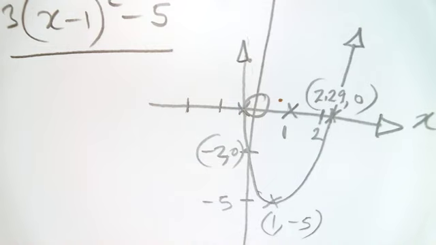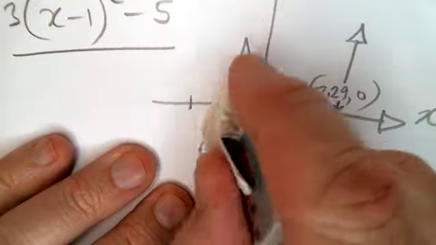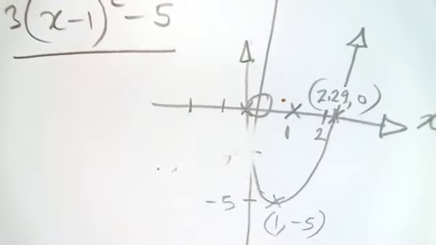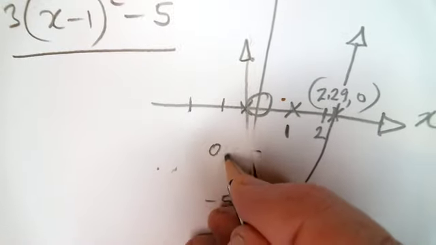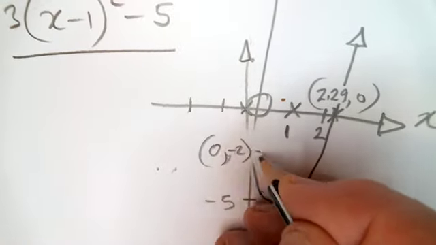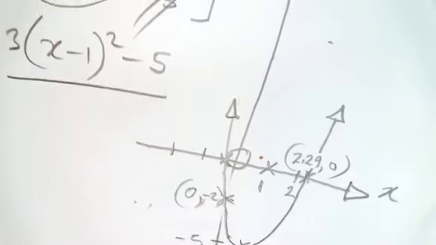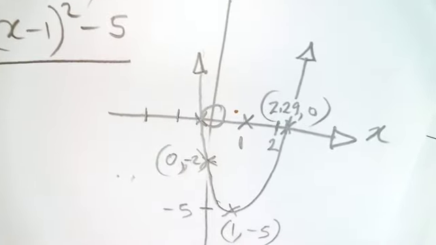No, wait. What am I doing? It's 0, negative 2. Okay, here we go. 0, negative 2. There it is. And it crosses at that point there. Right. So that's what we're in for.